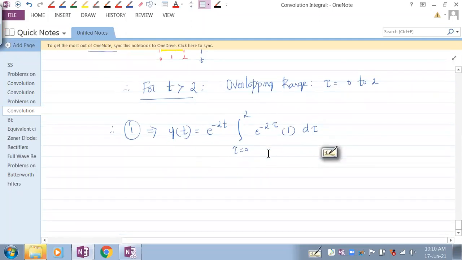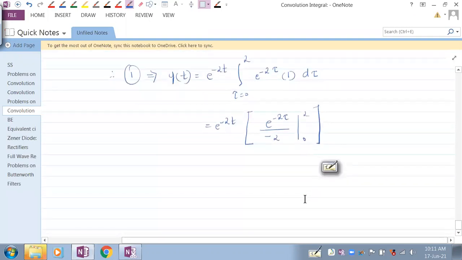Okay with this? So integrate now. It's e power minus t. Fine. So when you integrate, it would be e power minus 2 tau by minus 2, and you're applying limits 0 to 2. Fine. So it would be minus e power minus t by 2 into e power minus 4 minus 1.